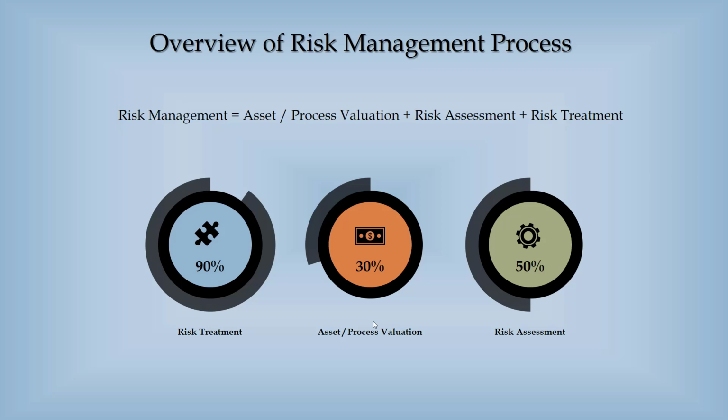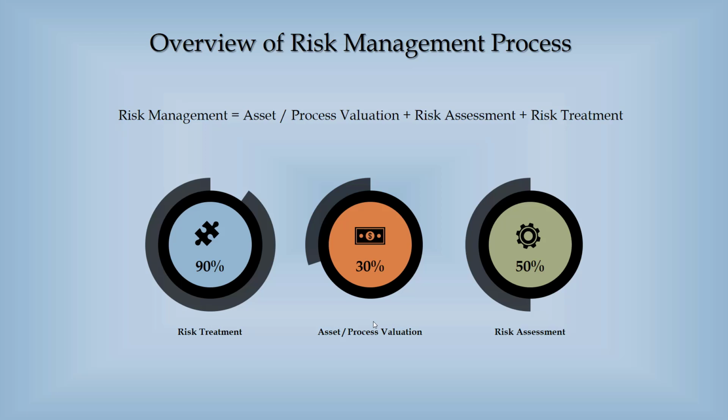And before that, let us have an understanding of some more terms. What is risk management? It is the asset or process valuation plus risk assessment plus risk treatment. So combine all these three things, you call it risk management.